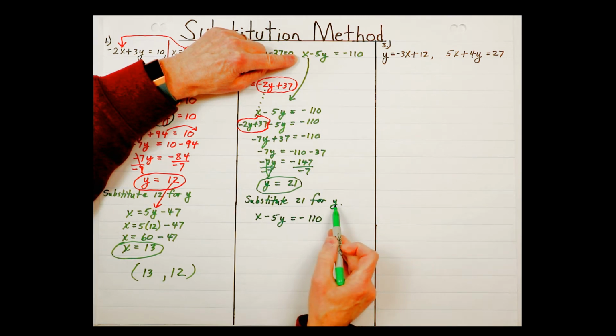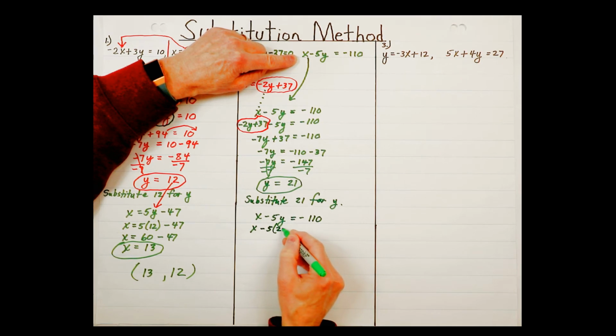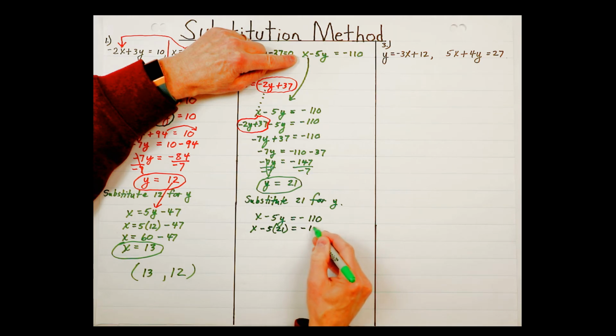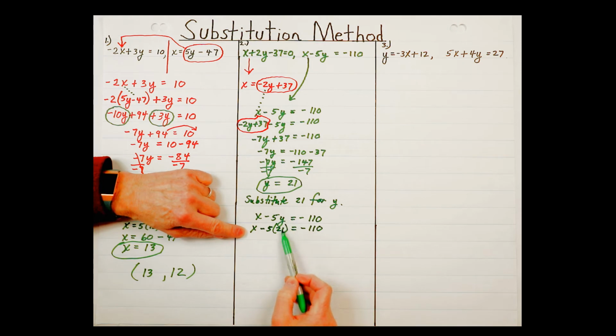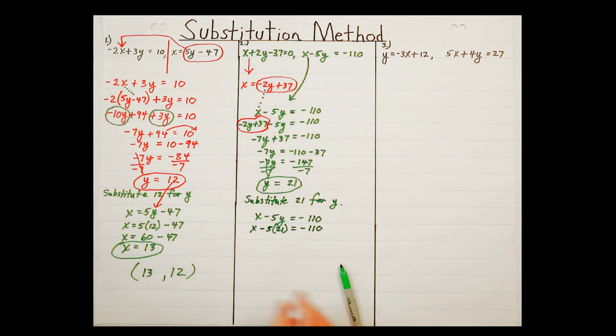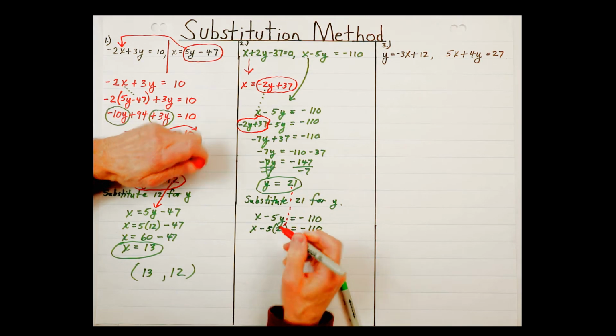So 21 goes in for y. So x minus 5 times 21 equals negative 110. Do you see what I'm doing there? I'm just replacing y with 21 because 21 is what we got for y.